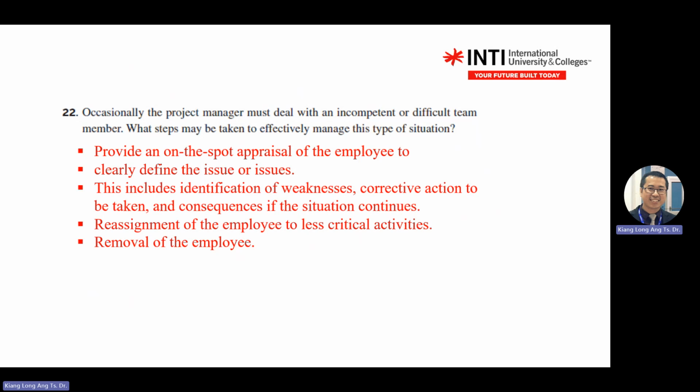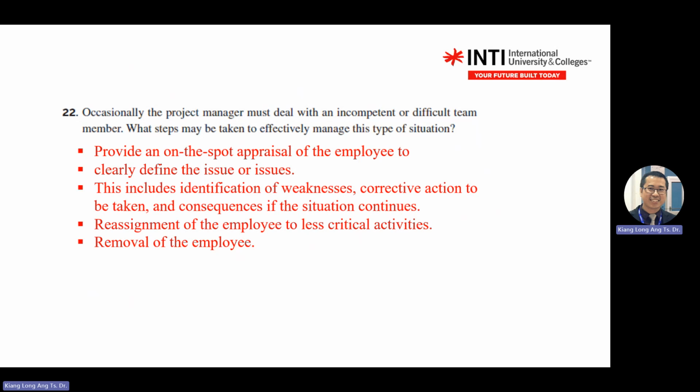Incompetent or difficult team member. Incompetence means you don't have the skill set. When you don't have the skill set, you educate, you give trainings. If you have a difficult team member, he may be the expert. He's very good in his subject, but he has a person issue or human issue.